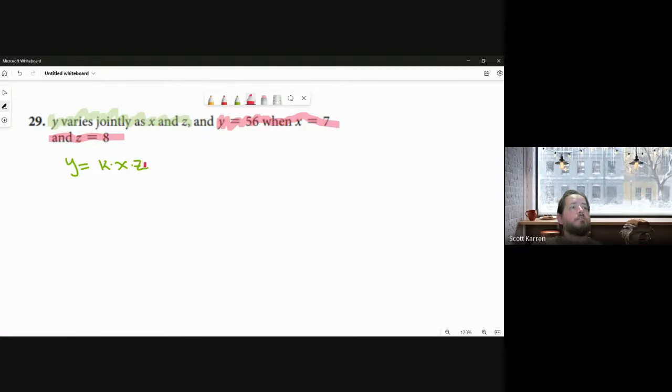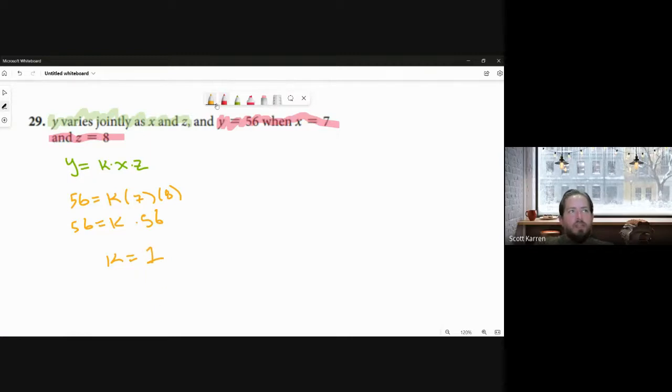Oh, they didn't ask a question. Well, we'll figure out what k is, right? Then we would say y is 56. That equals k times, I know x is 7 because it was given to me, and z is 8, right? And so 56 equals k times, well, 7 times 8 is 56. And so if I divide each side by 56, k is equal to 1.